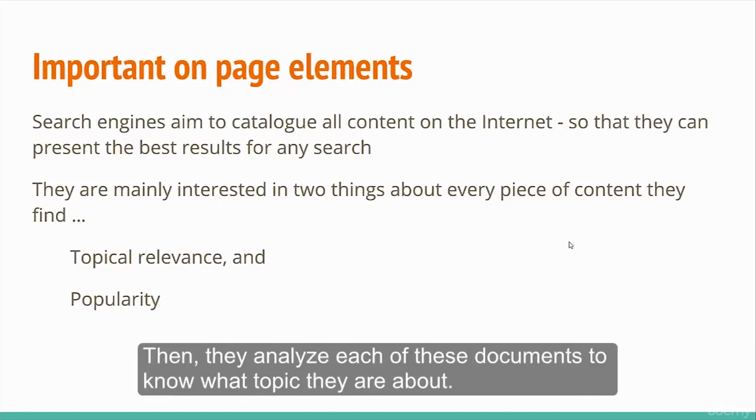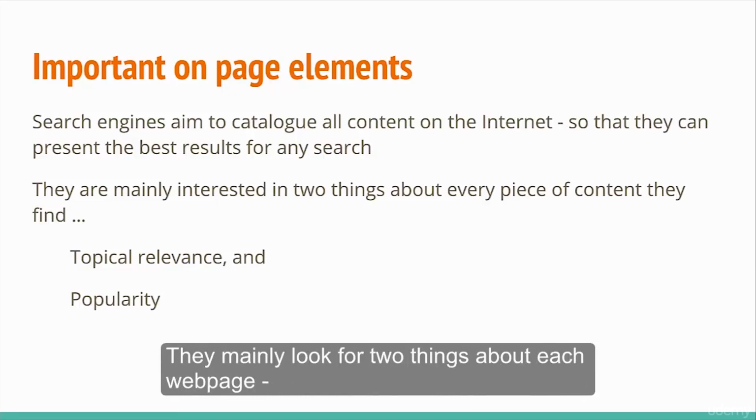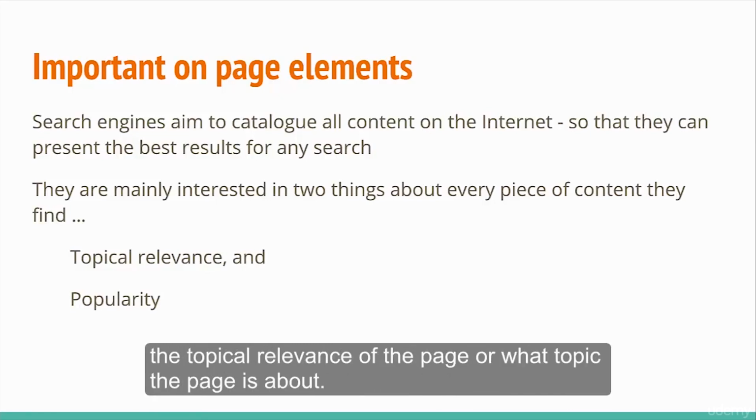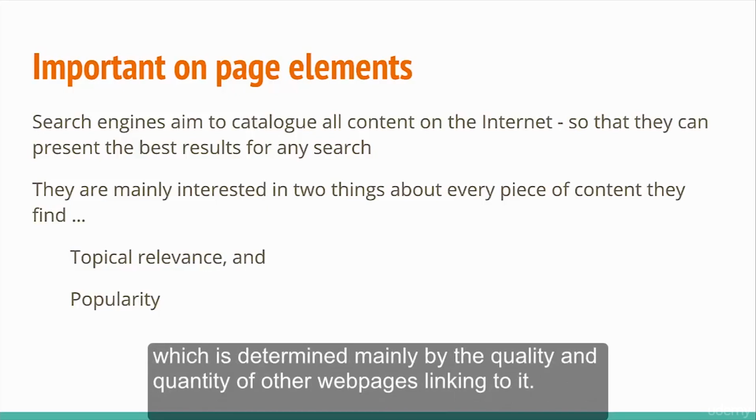Then, they analyze each of these documents to know what topic they are about. They also look at the links pointing to and originating from each document. They mainly look for two things about each web page: the topical relevance of the page, or what topic the page is about, and how popular the document is, which is determined mainly by the quality and quantity of other web pages linking to it.